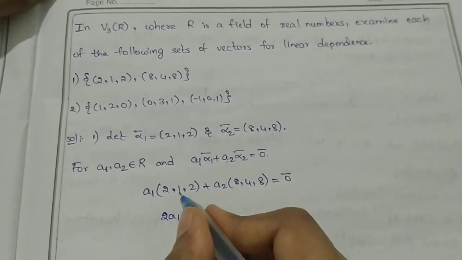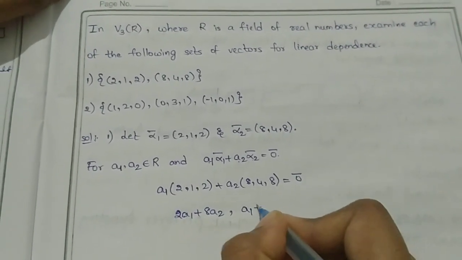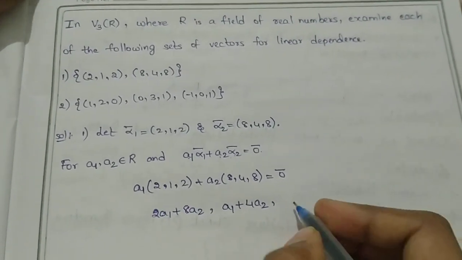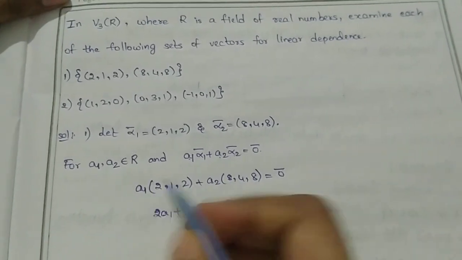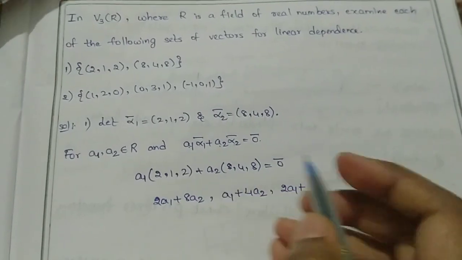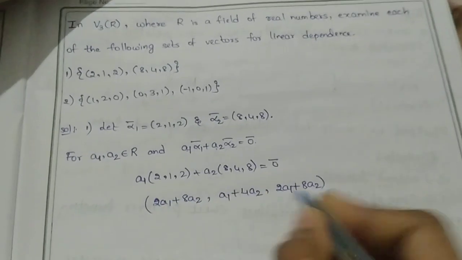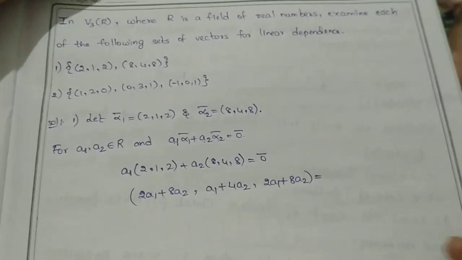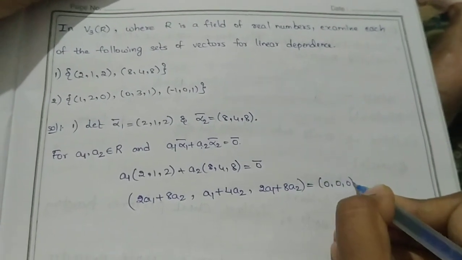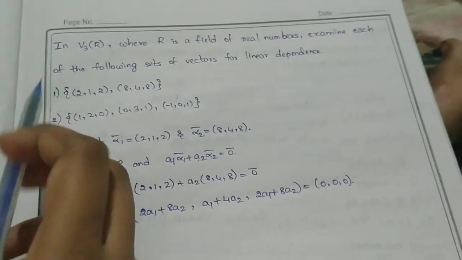Coming to the second coordinate, 1 into a1 is a1 plus 4 into a2 is 4a2. Coming to the third coordinate, 2 into a1 is 2a1 plus 8 into a2 is 8a2, that equals the 0 vector, which can be written as 0 comma 0 comma 0 because we have three coordinates in the vector space.